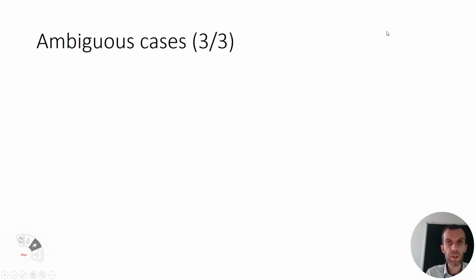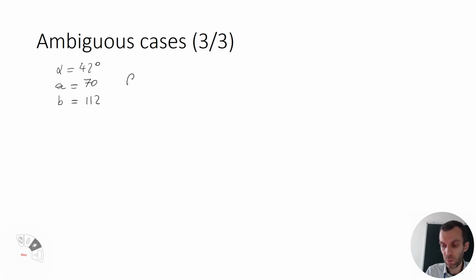And then one last ambiguous case. It's also interesting. So I'm not going to draw the triangle here, but it's a variation on the same thing. So let's take alpha here to be 42 degrees. Let's take A to be 70 and B equal to 112.